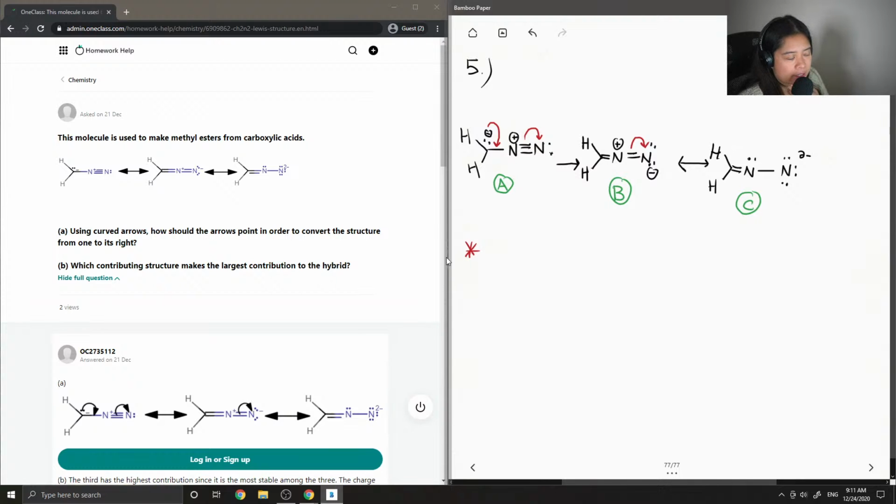So in the case of structure C, the nitrogen is more electronegative than carbon, so it will carry the 2- charge. So I'm just going to write down that C makes the largest contribution.